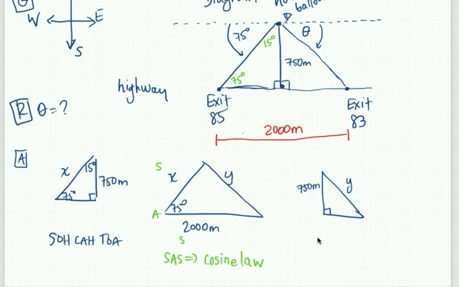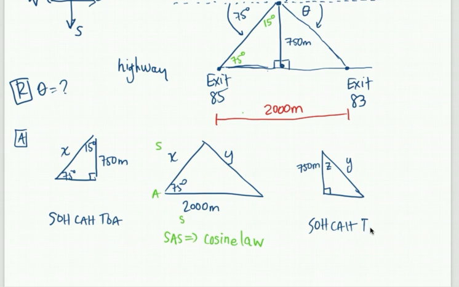But we have two sides, so we could find an angle inside, again using SOHCAHTOA. We could find this angle in here, we'll call it Z. We can use SOHCAHTOA to find missing angles when we have two sides like that. We just need to eventually use the inverse in order to get to the angle that we need.